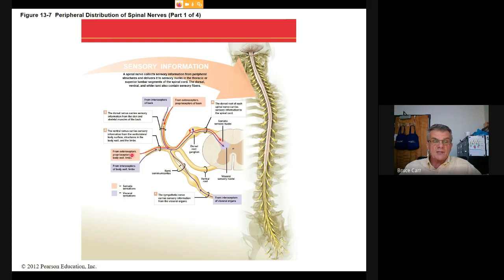You'll notice the somatic sensations come mainly from the lateral and posterior elements, so that the exteroreceptors of the body wall and of the limbs come this way. The purple interoceptors, we do have interoceptors all over our body, and so we do find them posterior, lateral, and especially here anterior. This sympathetic nerve carries sensory information from the visceral organs.